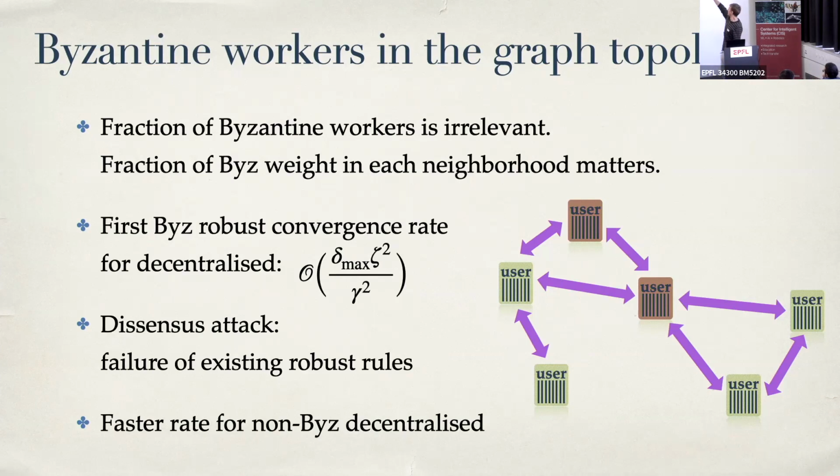But if the one in the middle, this one, is malicious, then suddenly we split the whole network into two, so it becomes impossible for the green workers on the right and on the left to exchange and to learn together. So the question is, how many bad workers are there in your neighborhood, and can they take the dominance of your neighborhood?